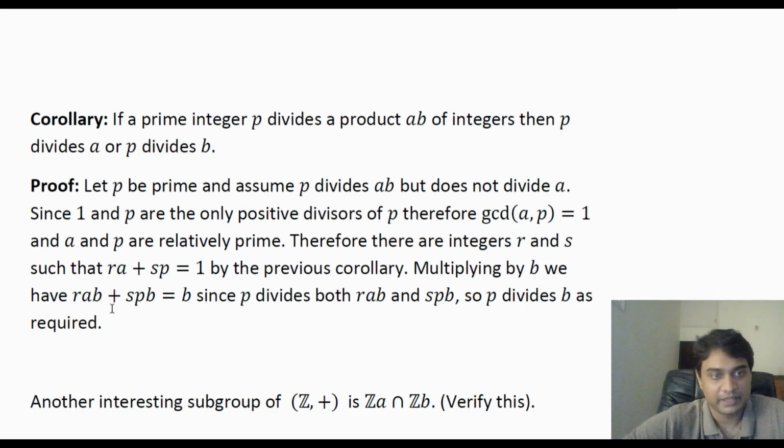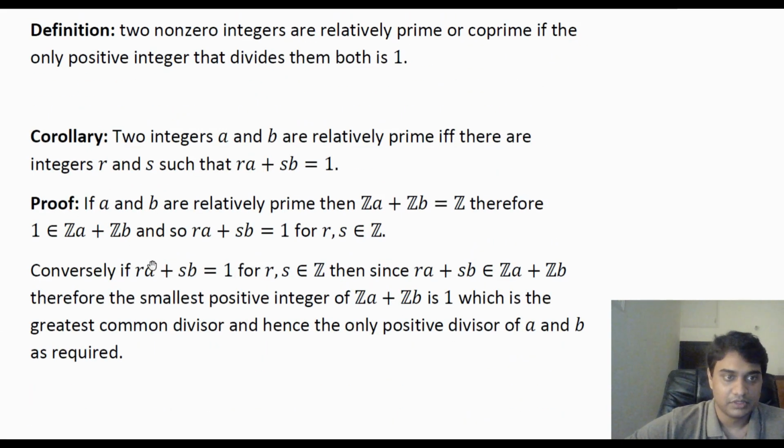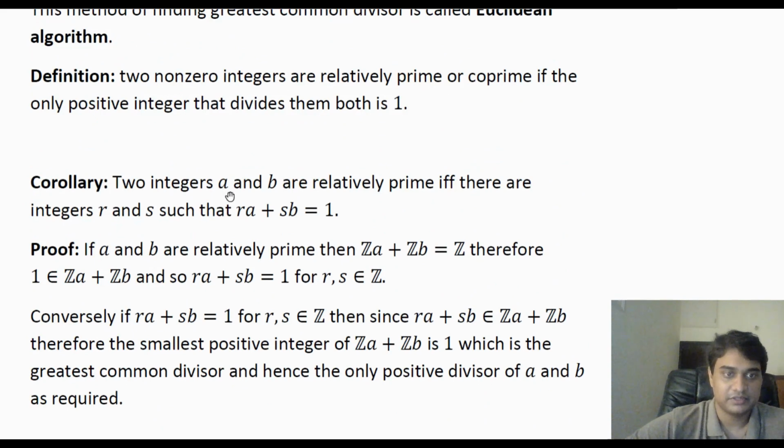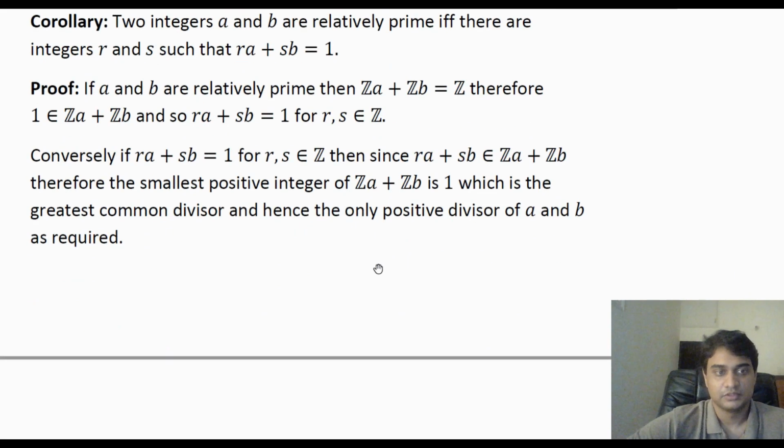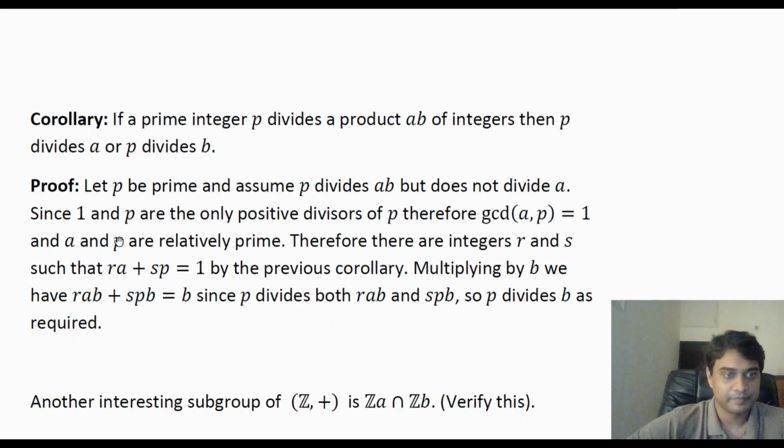a and p are coprime. And by the previous corollary, if two integers are relatively prime, then there exist integers r and s such that ra plus sb equals 1. So since a and p are relatively prime, there are two integers r and s such that ra plus sp equals 1.